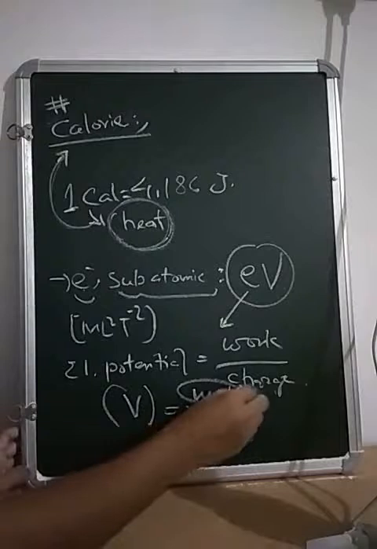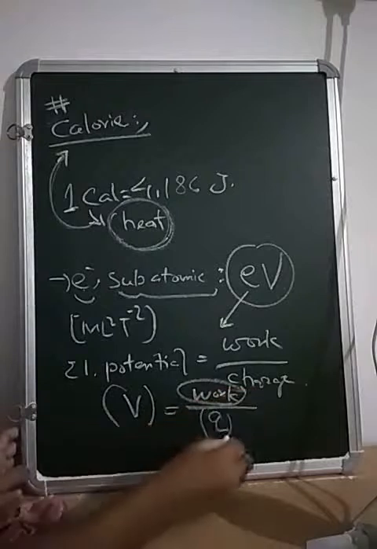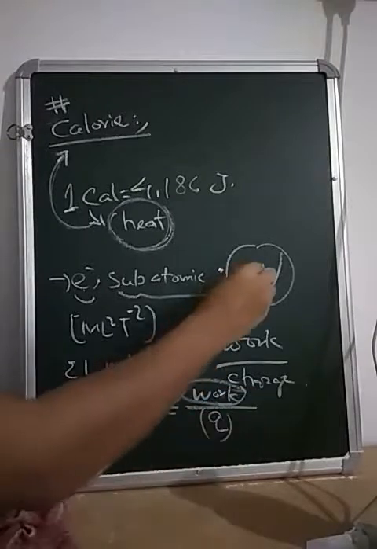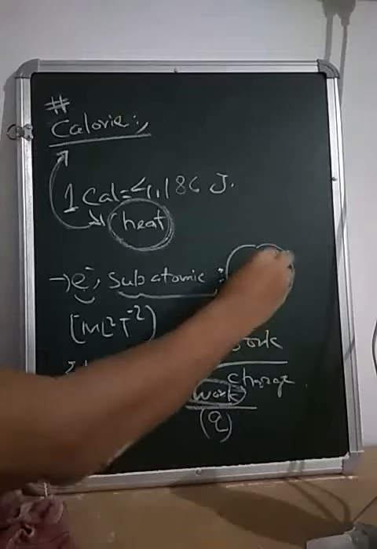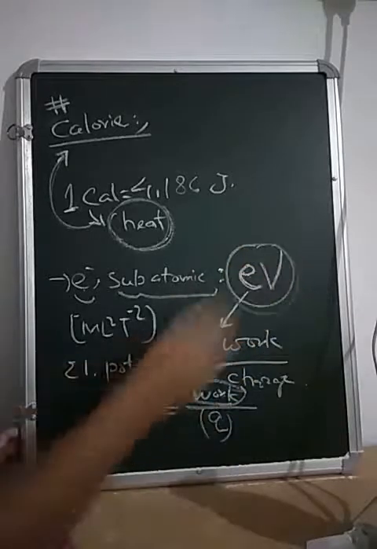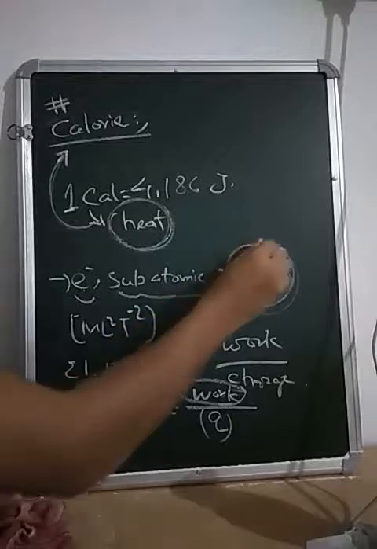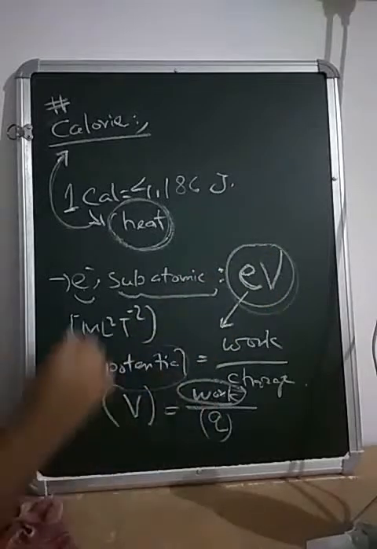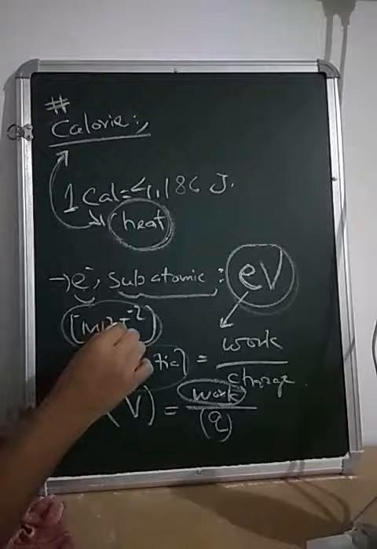So work is Q into V, charge of electron and voltage. The dimension of electron volt is nothing but the dimension of energy, ML squared T to the power minus 2.